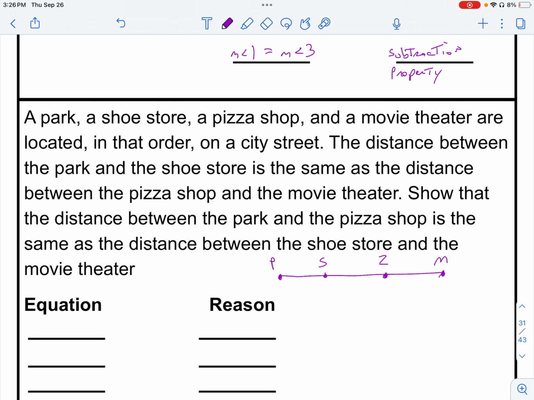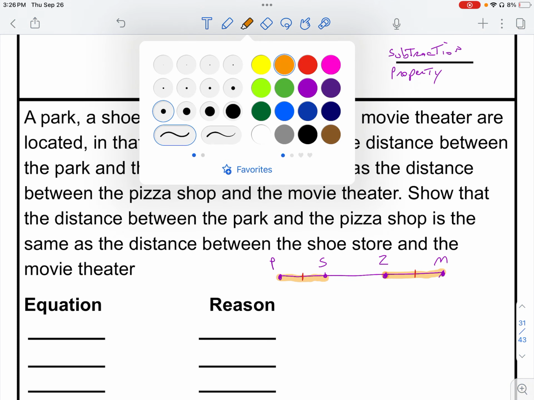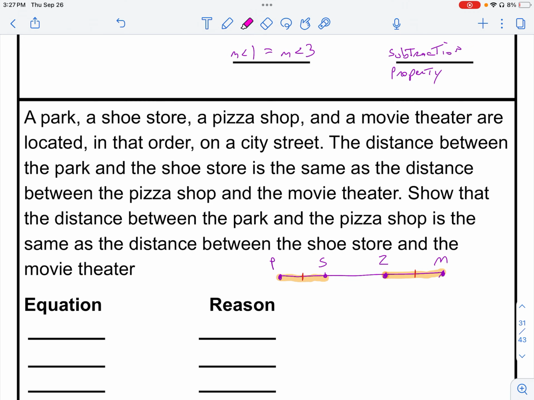The distance between the park and the shoe store is the same as the distance between the pizza shop and the movie theater. All right, so those two are the same. So let's put our little tick mark and show that they are the same. Show that the distance between the park and the pizza shop is the same distance between the shoe store and the movie theater.